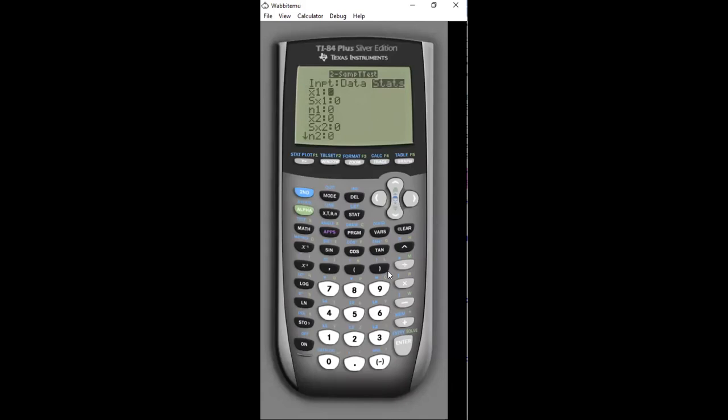The first one is x1 bar. From our example, that is 76.9. They also tell you the standard deviation for the new method is 4.85. Then what is the sample size?